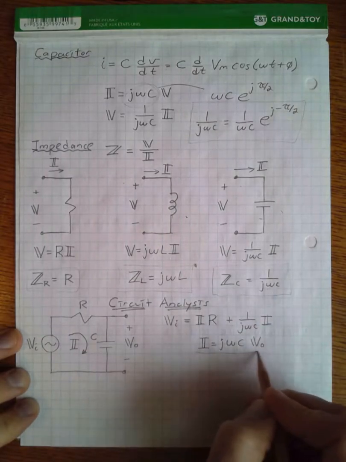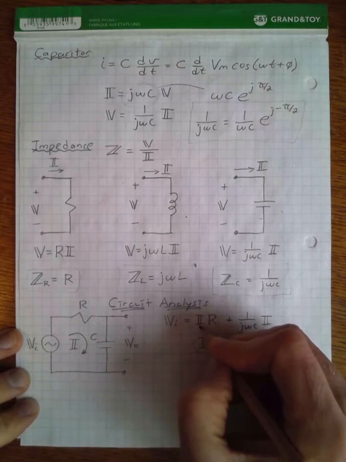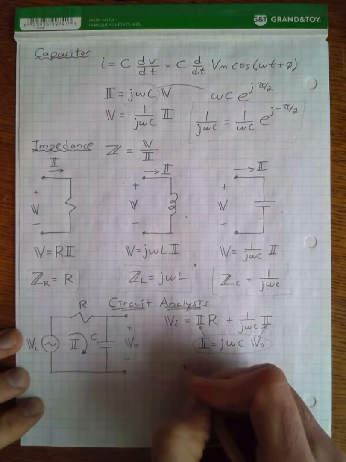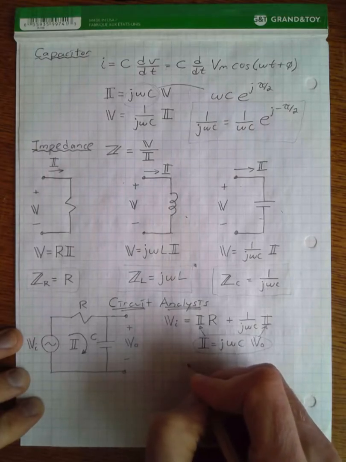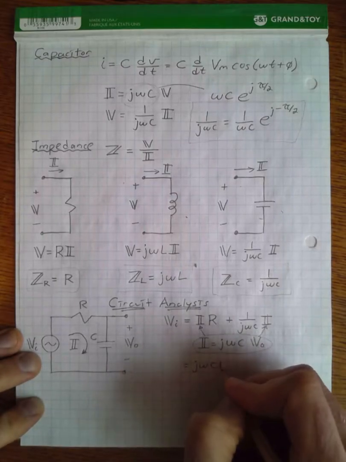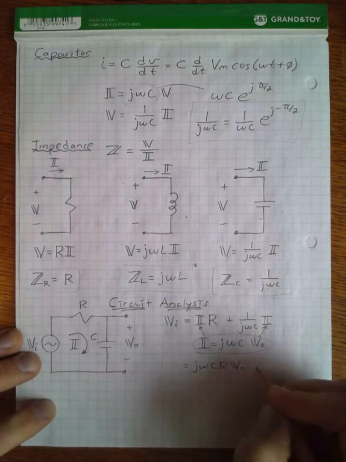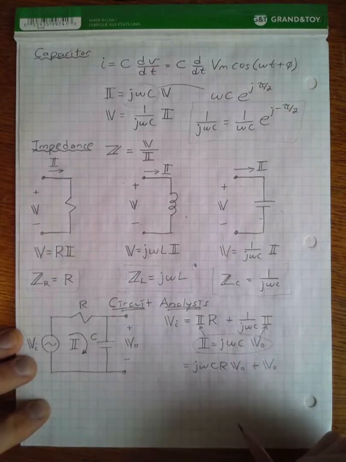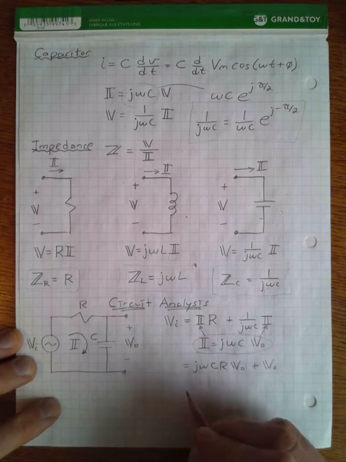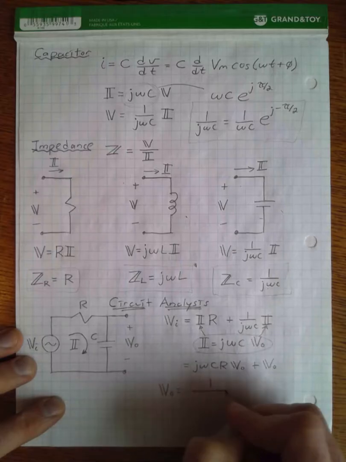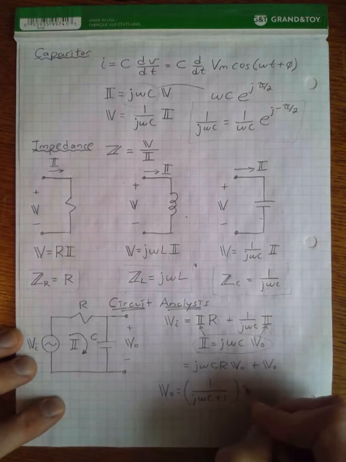And so what I'm going to do is substitute it in there, and we get j omega C times R times V out plus V out, right? Because 1 over j omega C cancels j omega C. And so if I just group terms, I can express the output voltage as being equal to 1 over j omega RC plus 1 times the input voltage, right?